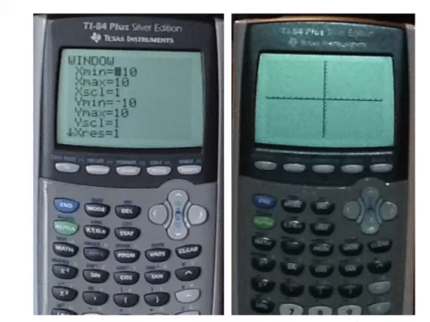It always comes up with a very standard window going from -10 to +10 on the x-axis and -10 to +10 on the y-axis. So when you press the window key, you can actually see where those numbers are.